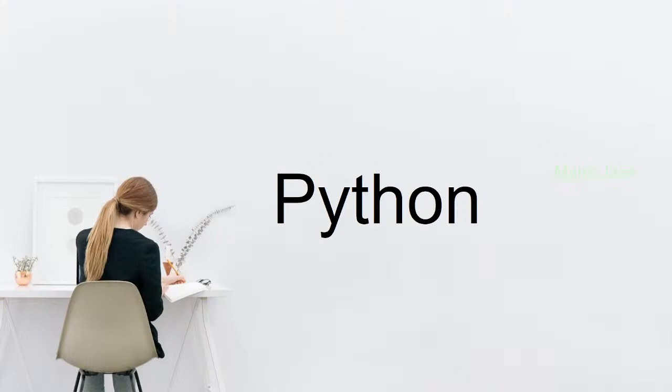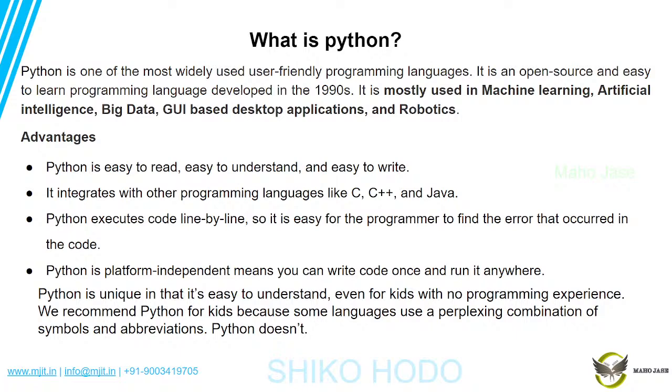So now the next one in the agenda is Python. So we will see what is Python. First thing, Python is one of the most widely used and user-friendly programming languages.